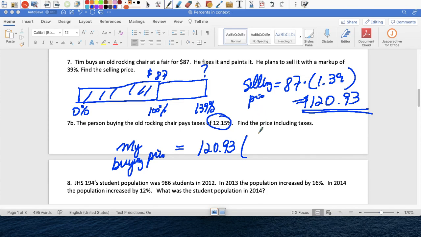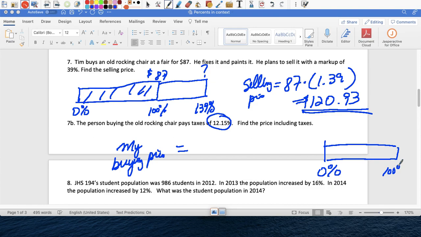Now, if you add taxes, I'm responsible for 100% plus the tax. So again, the bar model is just there as a visual. So let me do the bar model here: 0%, 100%. I walk into the store and I have to pay for this whole value, which is 120.93.